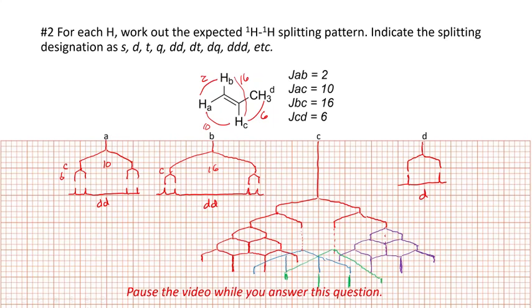Okay, so that's what it is. And this thing is a 1 to 3 to 1 to 3 to 4 to 1 to 6 to 1 to 4 to 3 to 1 to 3 to 1 multiplet.